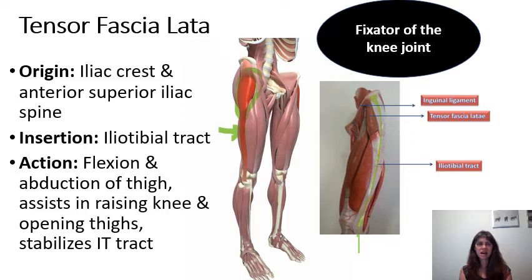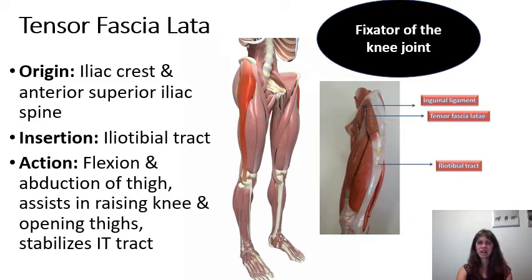The origin of this muscle is the iliac crest and anterior superior iliac spine. The insertion is the iliotibial tract. Sometimes you may hear the iliotibial tract referred to as the iliotibial or IT band.